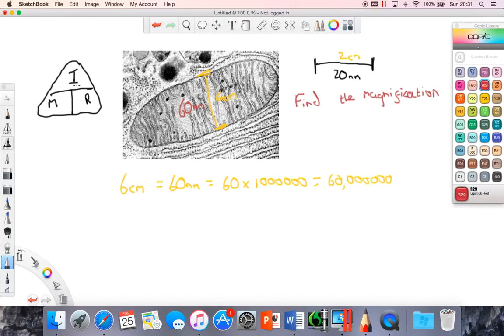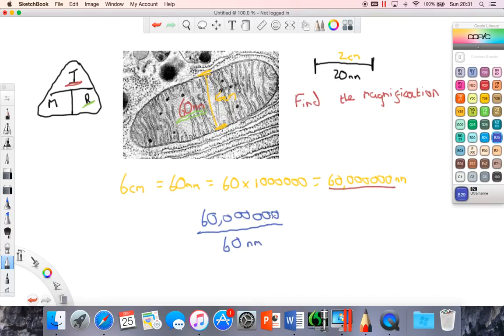So our image size we've just calculated is 60 million, whereas our real size we calculated earlier was 60 nanometers. Just to clarify, these are all nanometers. So we would do our image size, which is 60 million, divided by our real size, which is 60.